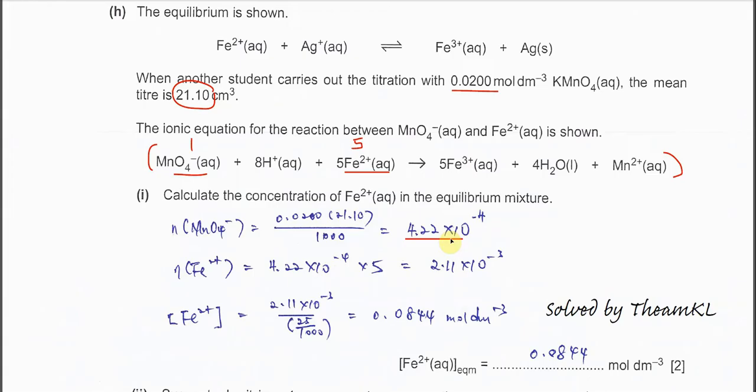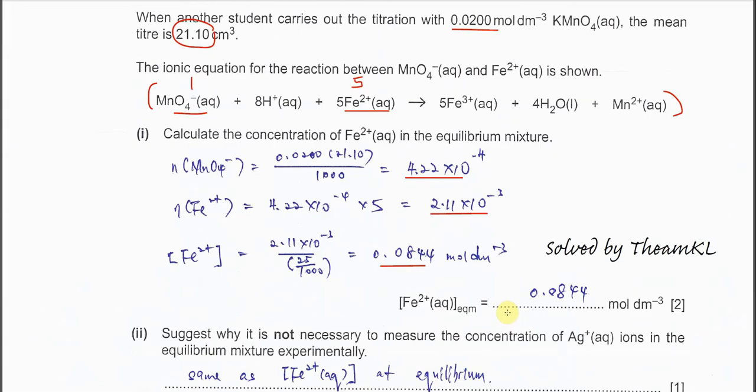Now the moles of iron 2 ion will be 5 times this mole. For the concentration of Fe2+, because we take 25 cm3 for titration, it will be 25 over 1000. So the mole that we calculated just now over this volume, we get 0.0844 mol per dm cube.